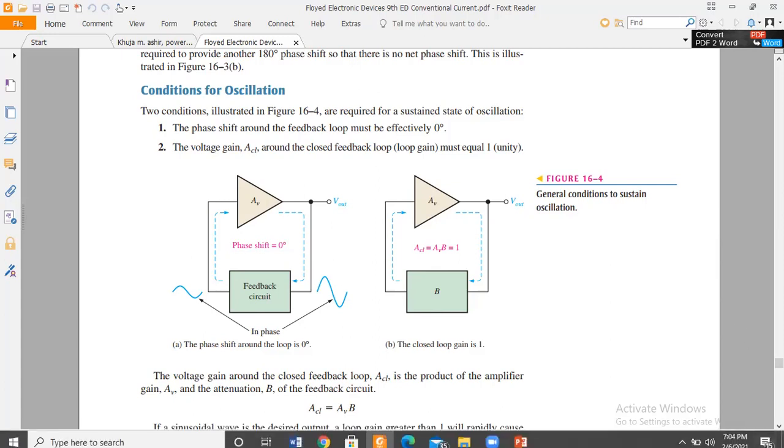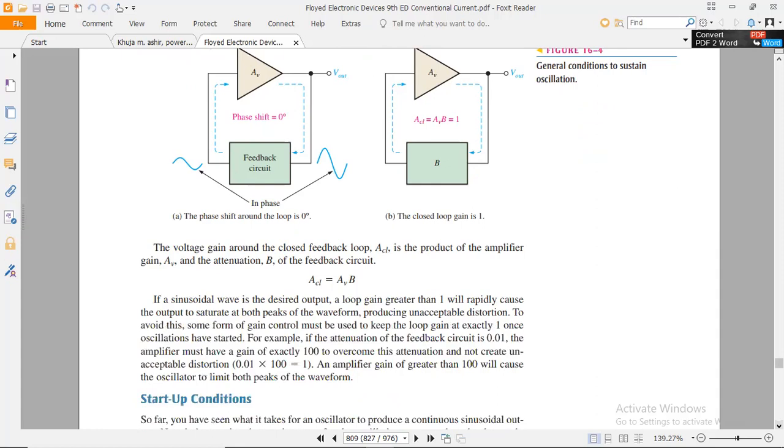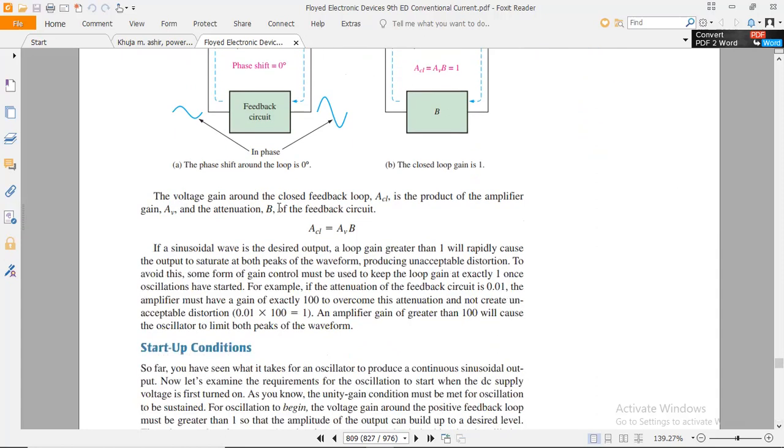Now moving towards another configuration, the voltage gain around the feedback loop, the closed loop voltage gain, is a product of the amplifier gain AV and the attenuation factor, which we already discussed in previous sessions, represented by B of the feedback circuit. The product of voltage gain and attenuation factor multiplied with each other gives the closed loop voltage gain.